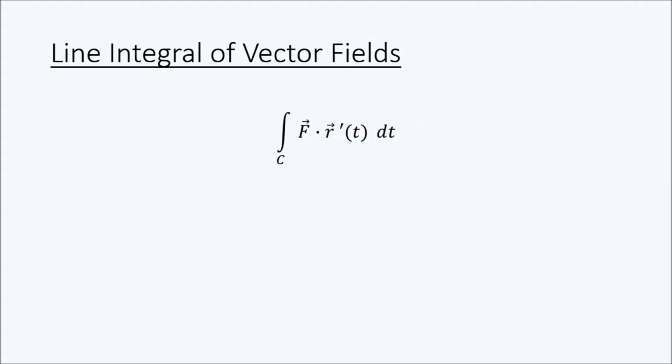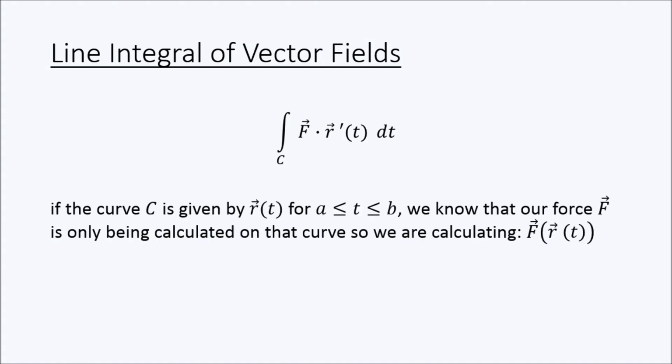Now, starting again with that dot product of my vector field and r prime of t dt, there are other ways that we can write out our line integral. First of all, if our curve C is given by my vector function r of t, and again we have our bounds for t, well, we're calculating our force, right? We're calculating our vector field only over that curve. That's what integrating over the curve means. So that means that my F, my vector field, I'm only evaluating at my vector curve.